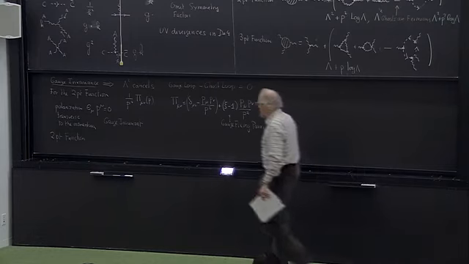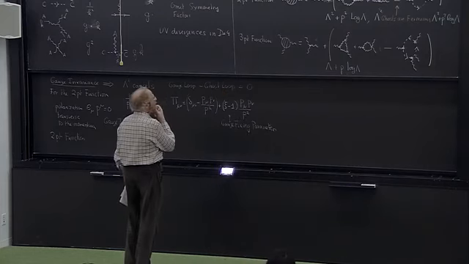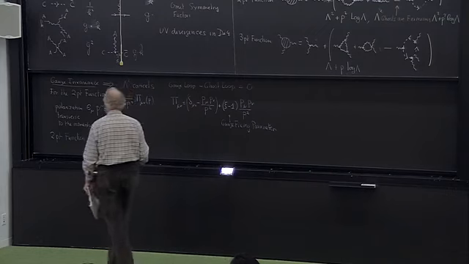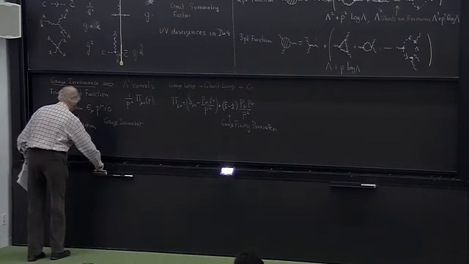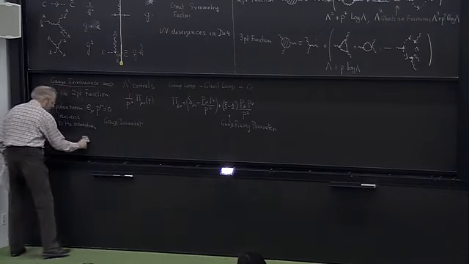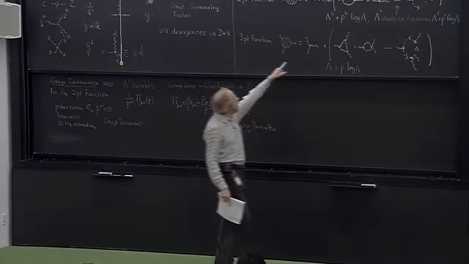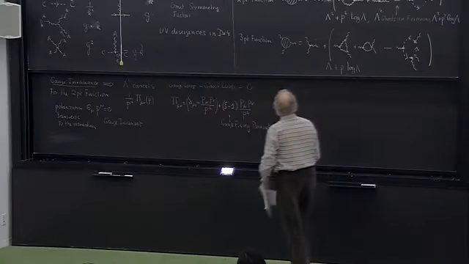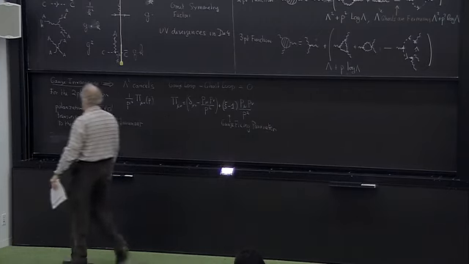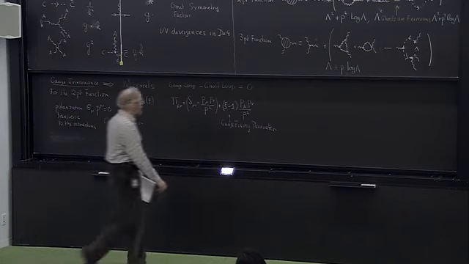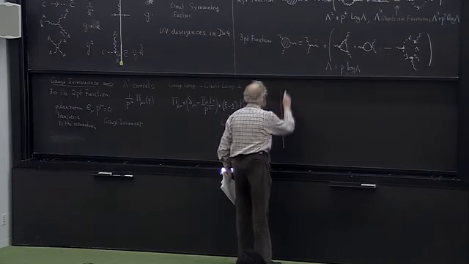Okay. So now you also have to check that. So let's go back to the two-point function. We also want to have that gauge invariance is satisfied at one loop. So let's go to the three-point function.